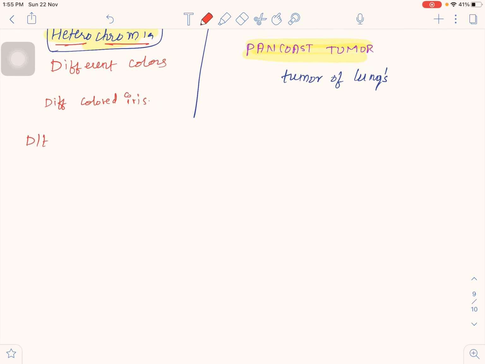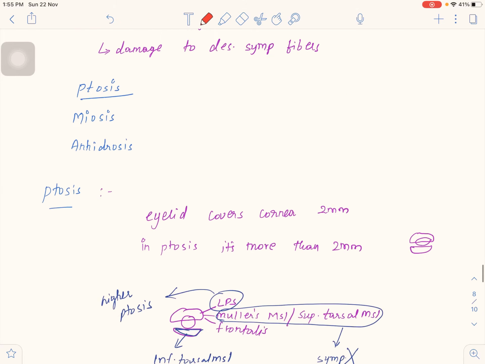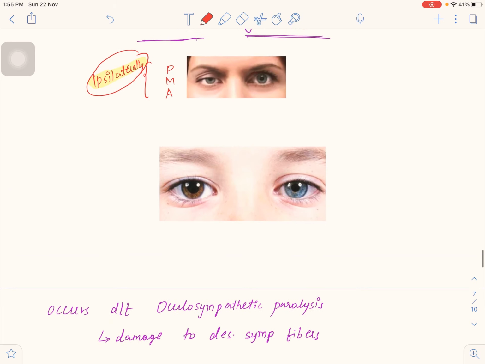This occurs due to ganglionic dysgenesis. So now we can see this is called heterochromia.